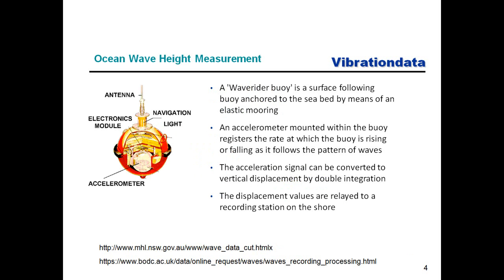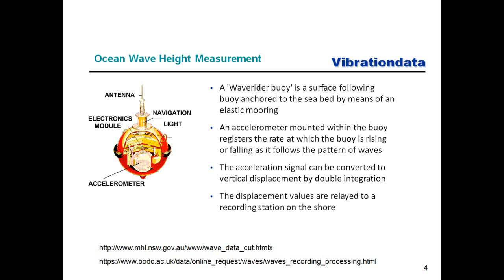Now here's another measurement situation, and this has to do with ocean wave height, or you could say displacement, but wave height is probably a better descriptive term. Throughout the oceans of the world, there are numerous wave rider buoys, or sometimes just wave buoys or wave height buoys, spaced all throughout the oceans.